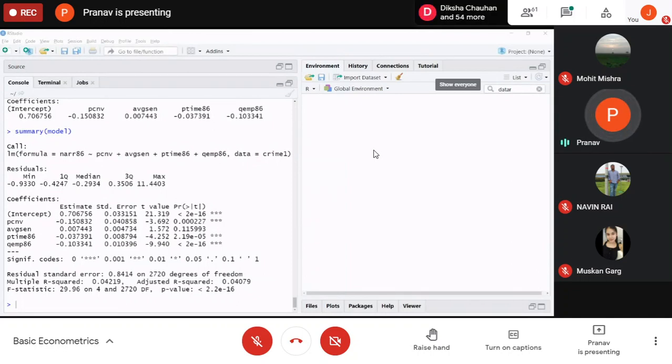So p-value is a very, very important parameter as far as results of regression are concerned. Very often they are asked in interviews, what exactly is a p-value? So you have to first define a p-value in terms of a probability value. Probability of what? Probability of obtaining that statistic which I'm talking about.